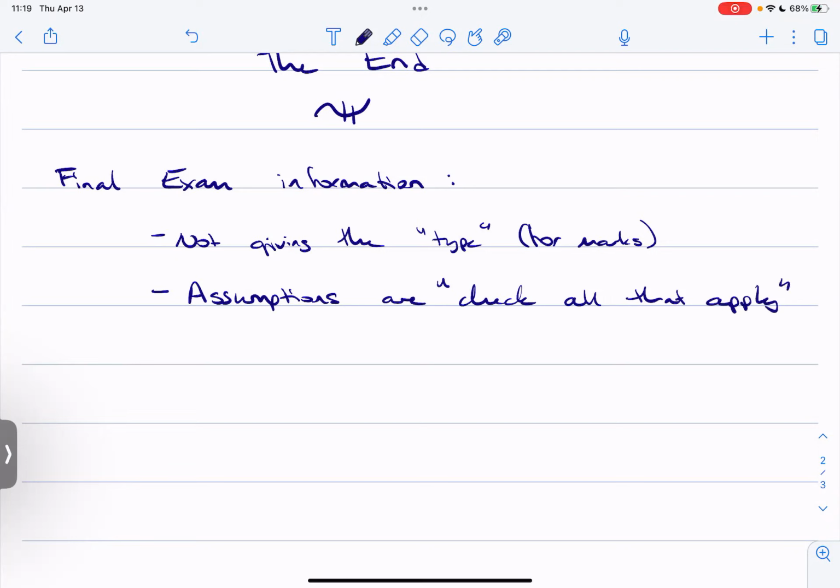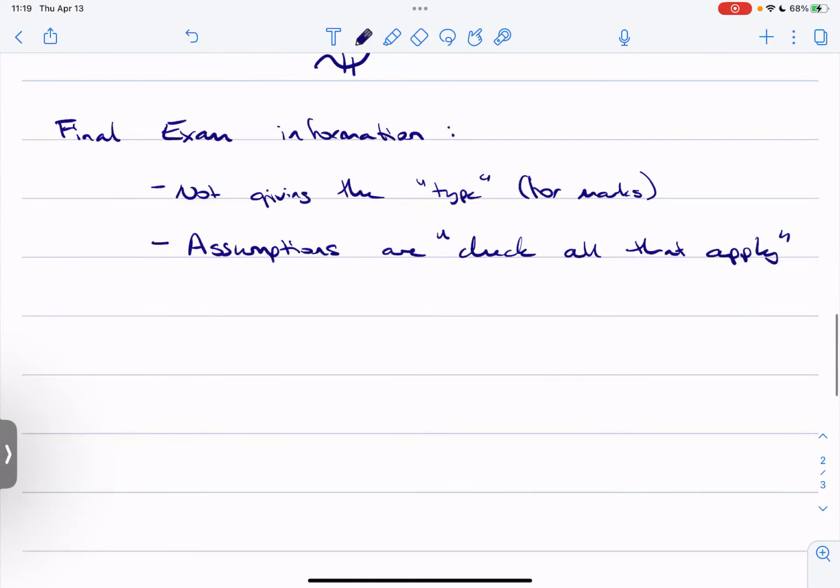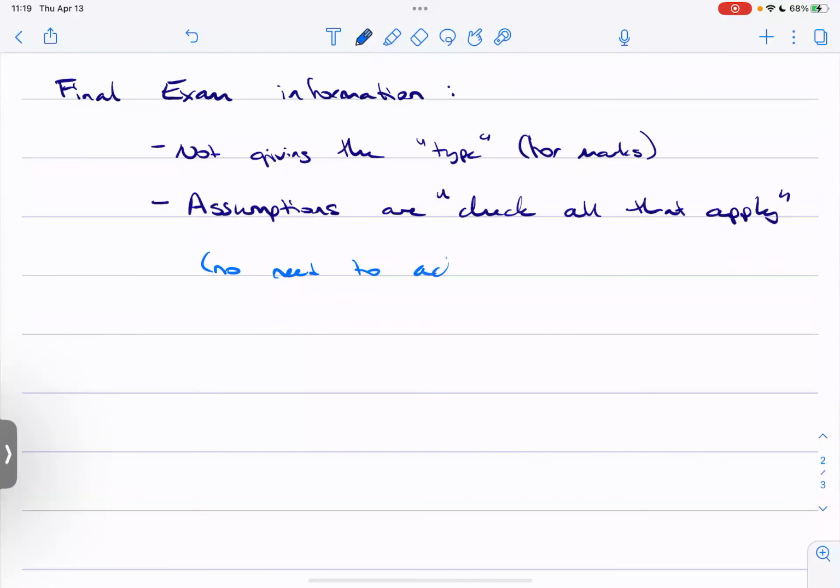Obviously, I subtract marks if you pick one that's wrong, right? So there's kind of a scheme. So you won't need to actually check the assumptions.